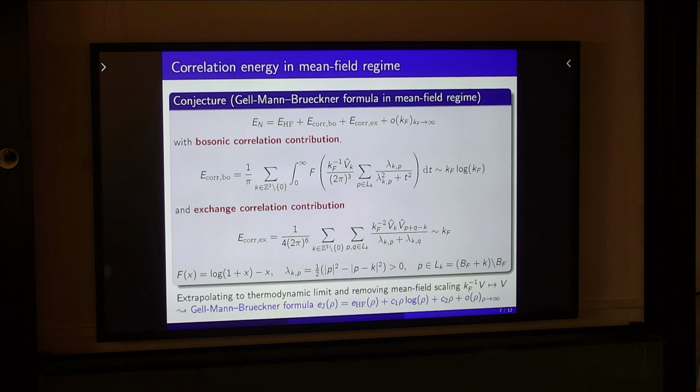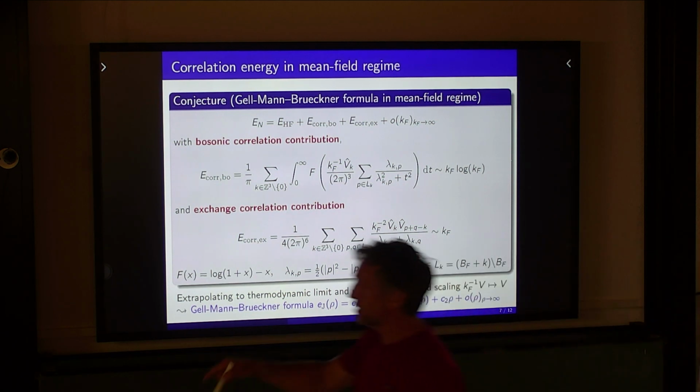And now you might ask. So you have 1 over k to the 4. I can write that as 1 over k to the 4, and the energy here, what is lambda_k(p)? What does that mean? Now you can interpret that as an energy. So I go here again.